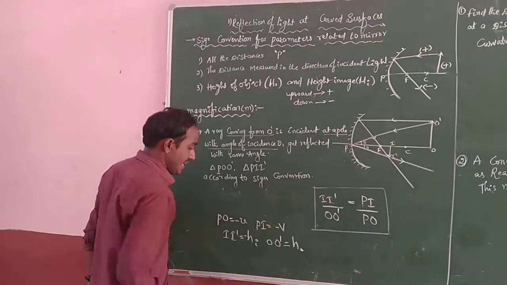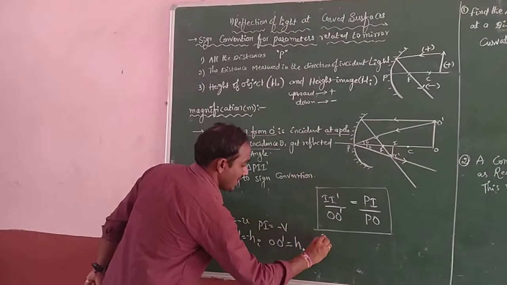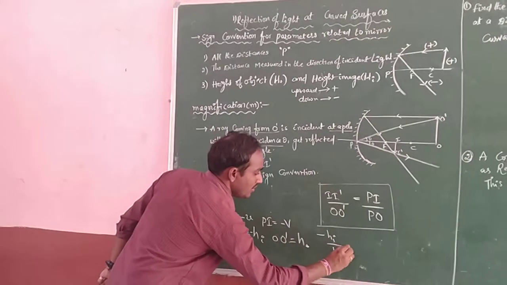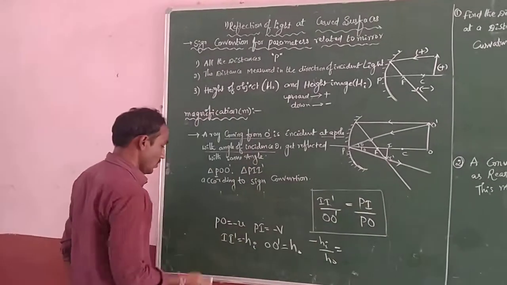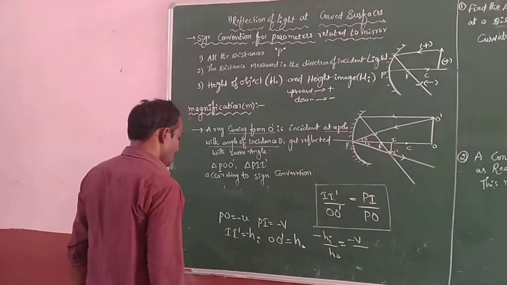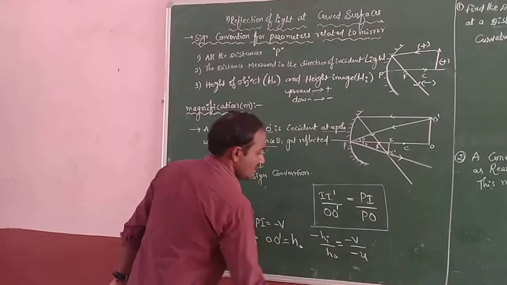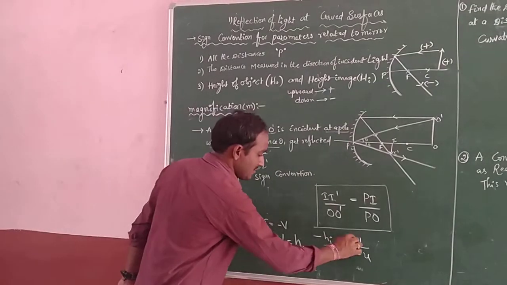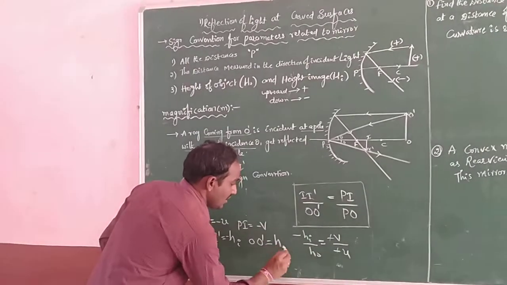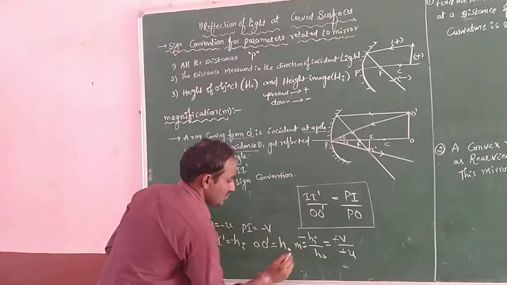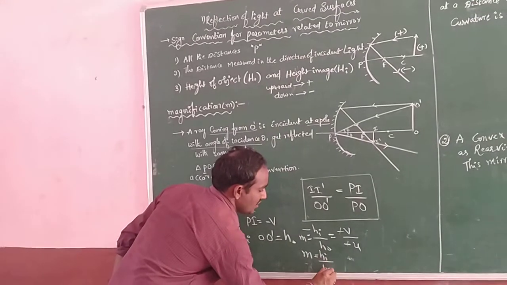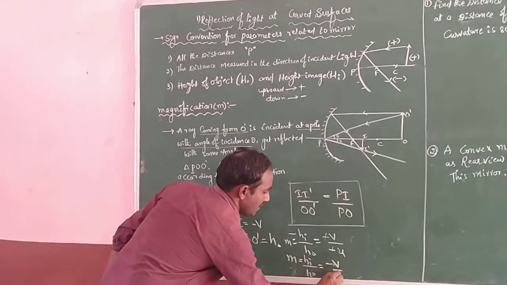I dash is minus HI, divided by O dash, HO, which is equal to PI, minus V, divided by PO, which is minus U. So minus minus gets cancelled. Finally, it is nothing but magnification. So magnification is equal to HI by HO, which is equal to minus V by U.